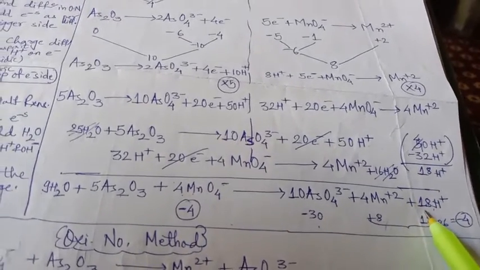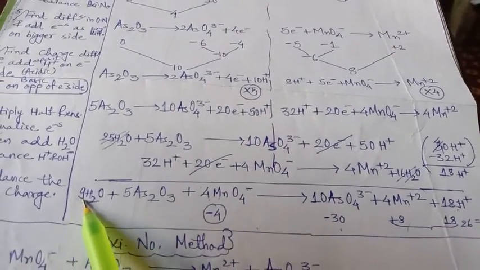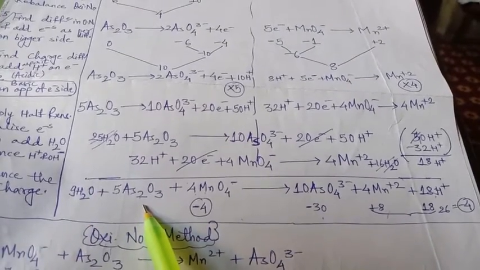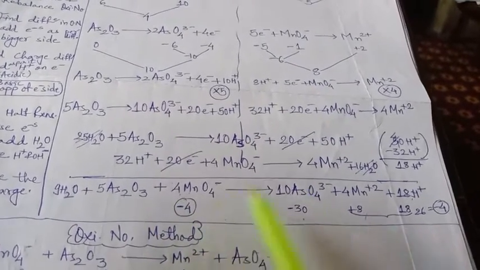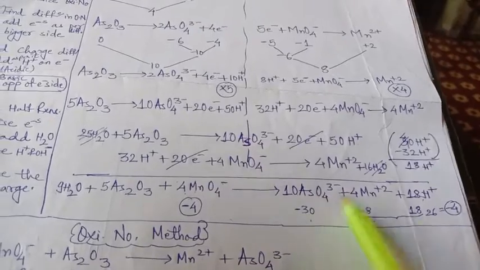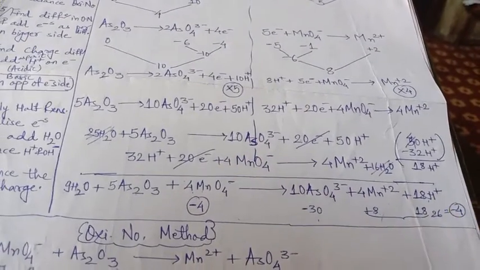So I will have 18H plus on this side, and the final reaction: 9H2O, 5As2O3 plus 4MnO4 minus, 10AsO3 minus, 4Mn plus 2, 18H plus.